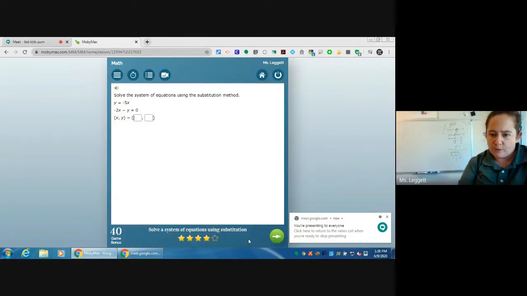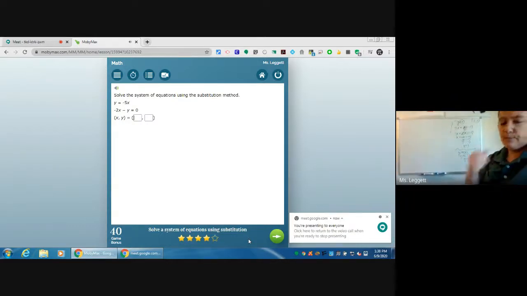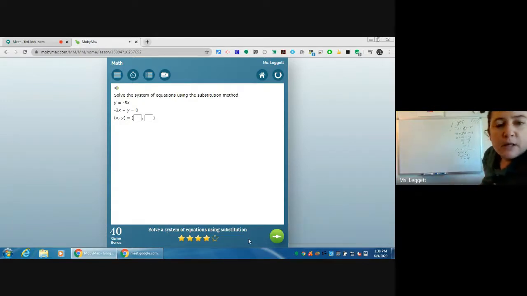Okay, we are on our last one for this lesson. Not that bad, right? The substitution can get kind of ugly and messy. You know, they're being nice to you by already having the variable solved for.